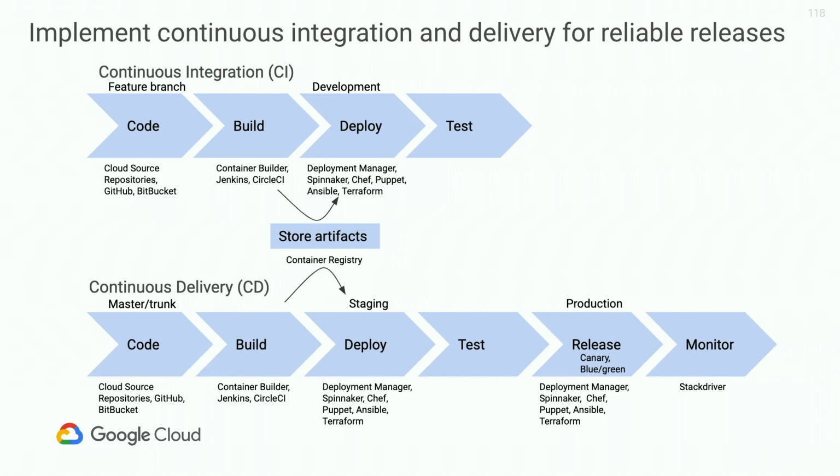For the CD process, the initial phase is actually pretty similar. You're also working with a source code repository, and you're also using some build tools such as Cloud Build or Jenkins, CircleCI, etc., to build your application. So once it's all built, you have your artifact.